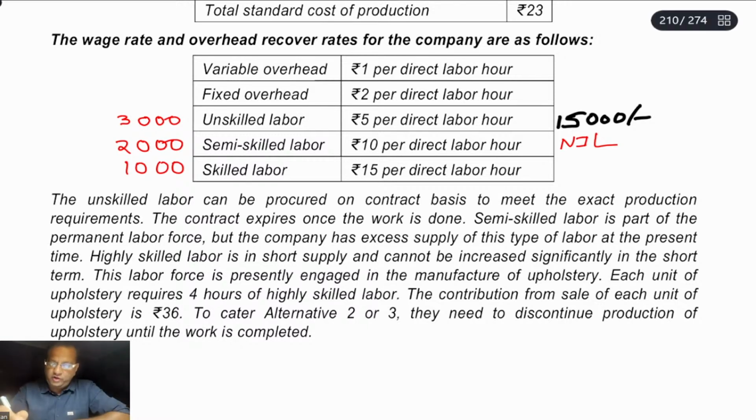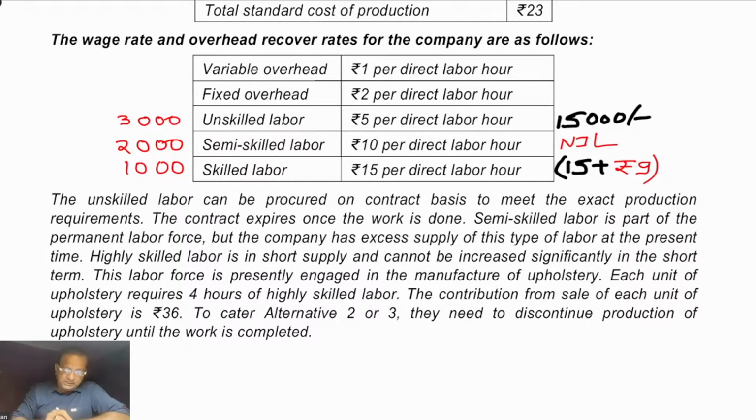So in case labor is the key factor, we have already written the formula. The labor cost of rupee 15 plus, importantly, the contribution loss. The contribution loss will be rupee 9 per hour. 36 rupee is per unit of this new product upholstery, while to earn rupee 36, labor has to work for 4 hours. So the contribution loss per hour is rupee 9.